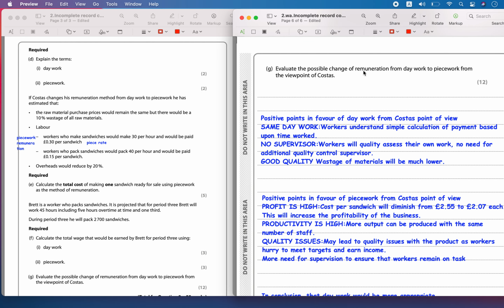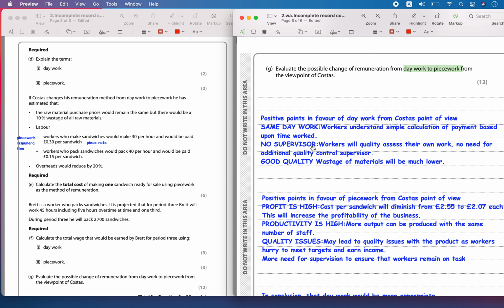Okay. Now evaluate the possible changes of remuneration from the day work to piecework from the viewpoint of Costas. We can see that when he changes the remuneration from day work to piecework, actually what happens is workers understand simple calculation based on the day. If they are supposed to use day work, it's simple to calculate, and they know that this many hours they have to work and they get paid this much, and you don't require a supervisor.